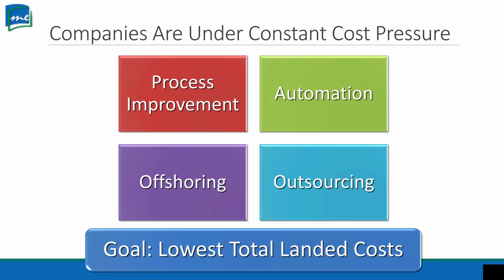So process improvement, we're always trying to improve. Automation, if we can automate it, then we can eliminate work. We can eliminate waste, because no one has to sit there and do that task over and over and over because the computer does it or a robot does it. Offshoring.